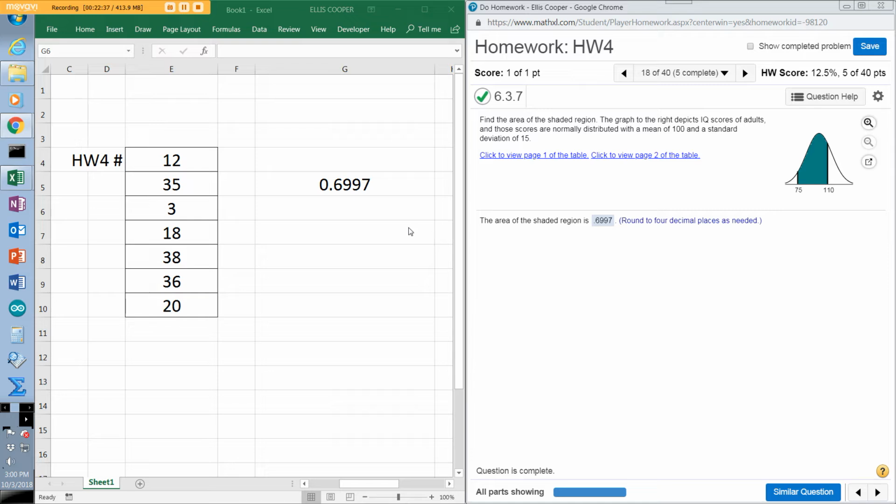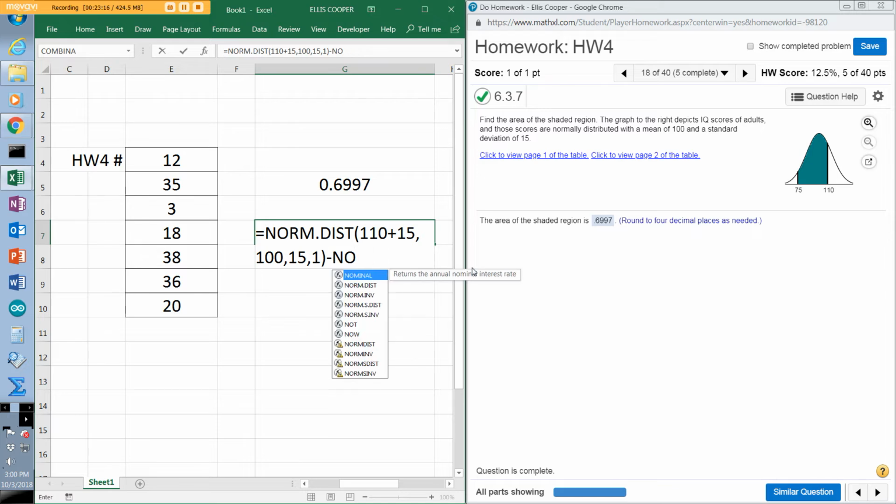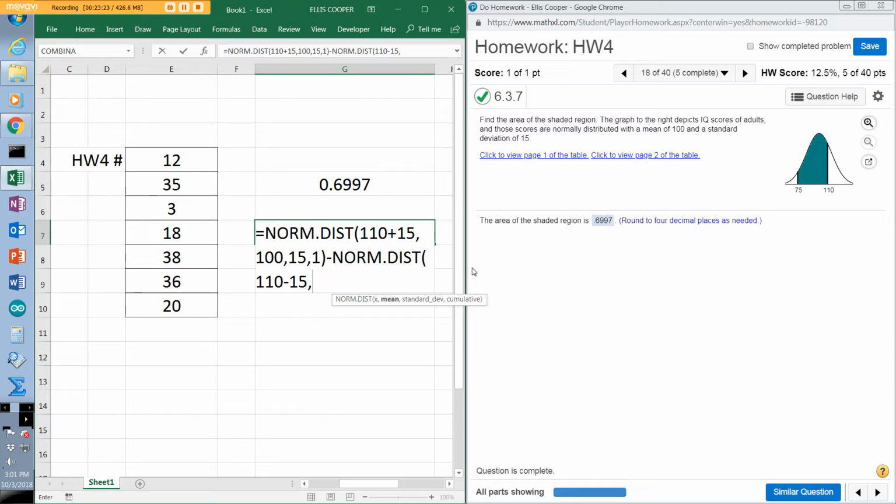Okay, so let's get the area between the mean of 100 plus or minus the standard deviation of 15, just for fun, equal NORM.DIST of 110 plus 15 with a mean of 100 and a standard deviation of 15 minus NORM.DIST of 110 minus 15 at 100 and a 15 and a 1.